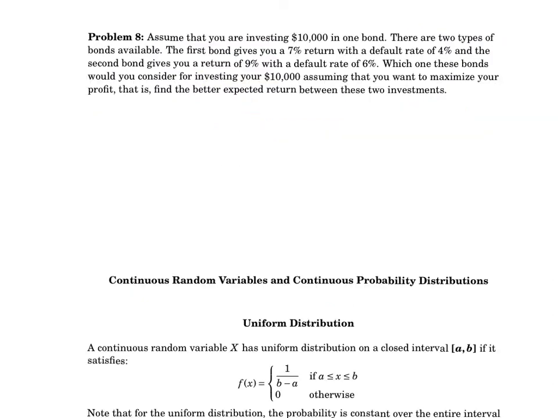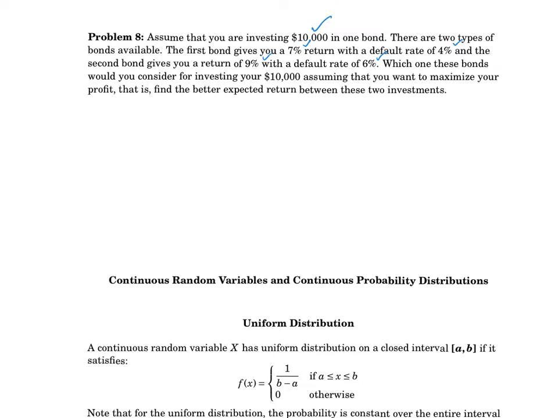So here is another expected return problem. You're investing $10,000. There are two types of investments, bond A and bond B. The first bond is 7% return with a default rate of 4%, and the second bond is 9% return with a default rate of 6%.